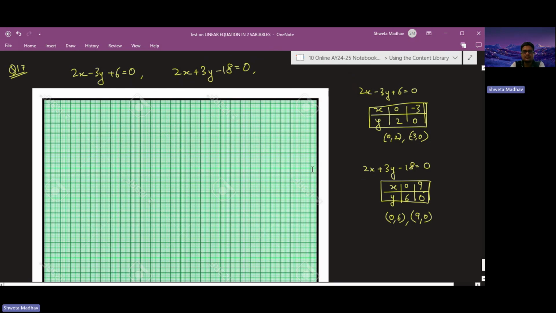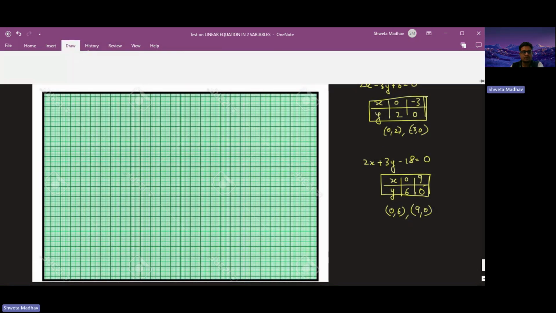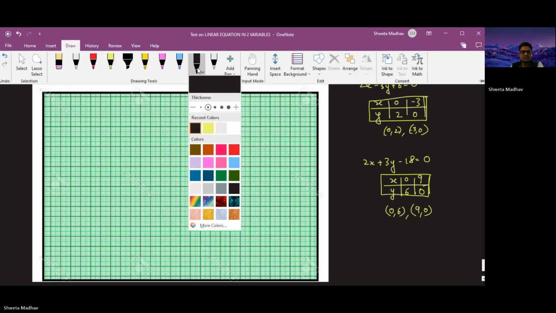So friends, here we should always use pencil and scale.